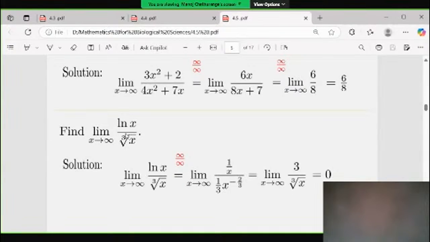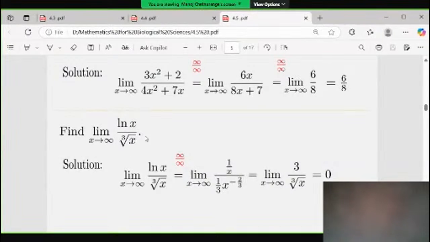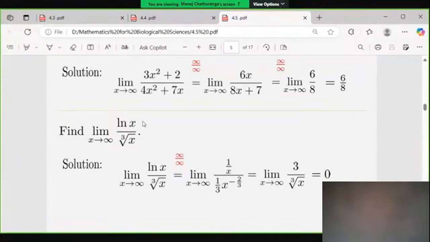Cubic root of x has a larger growth rate compared to natural log. The denominator is growing very quickly, so the limit should be 0.